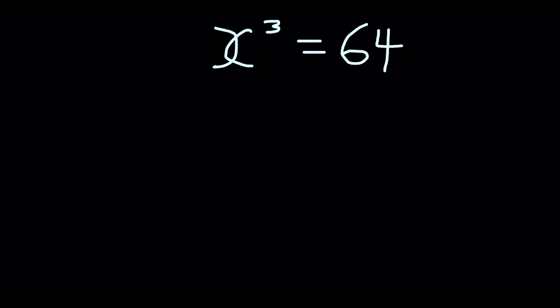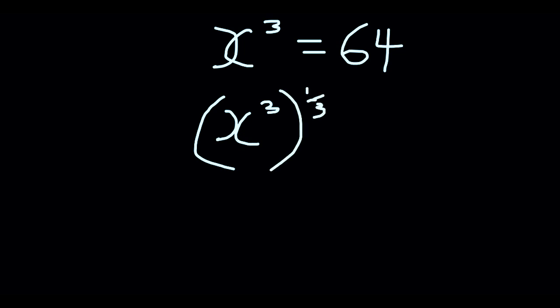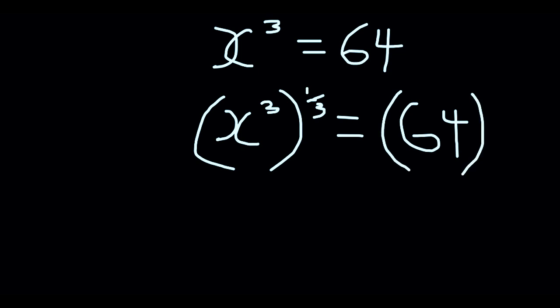So by taking the cube root of both sides, we have x to the power of 3, to the power of 1 over 3, equals the cube root of 64, to the power of 1 over 3.